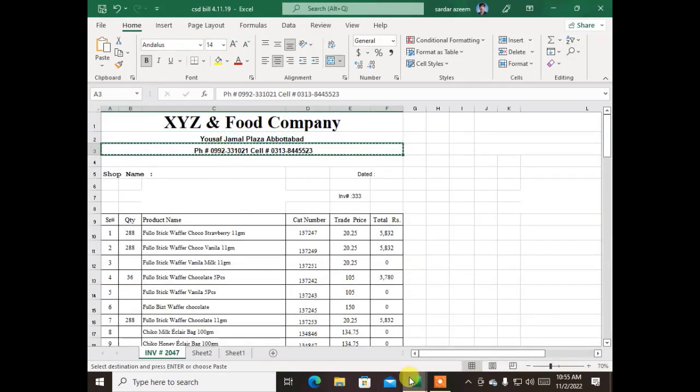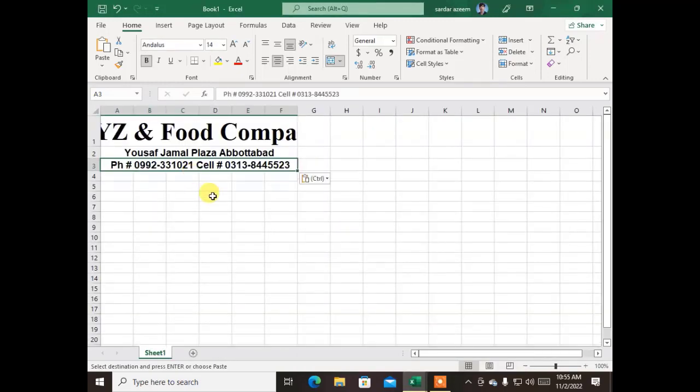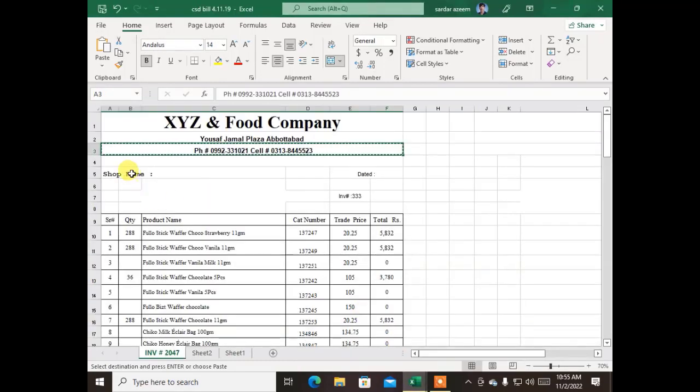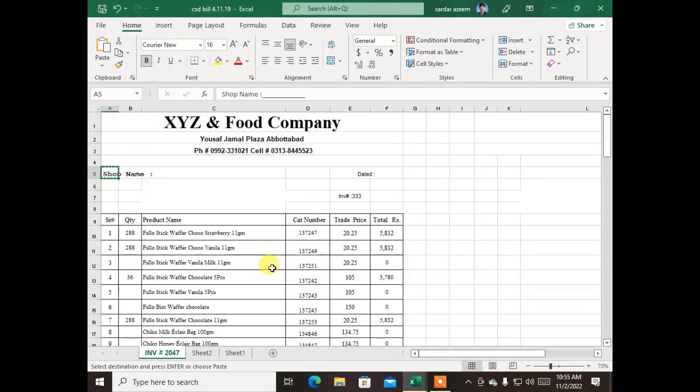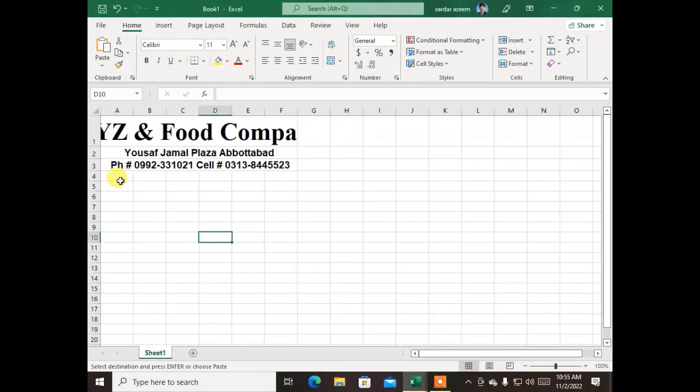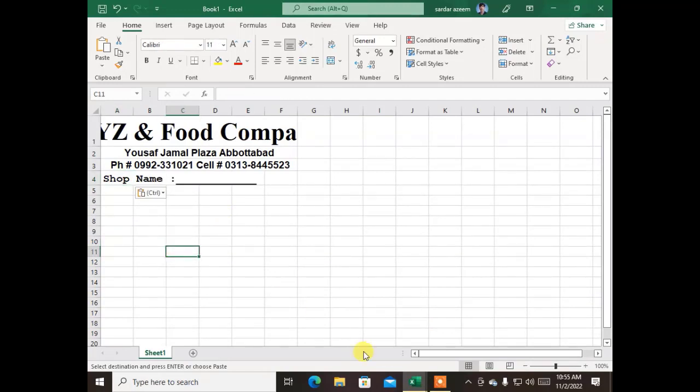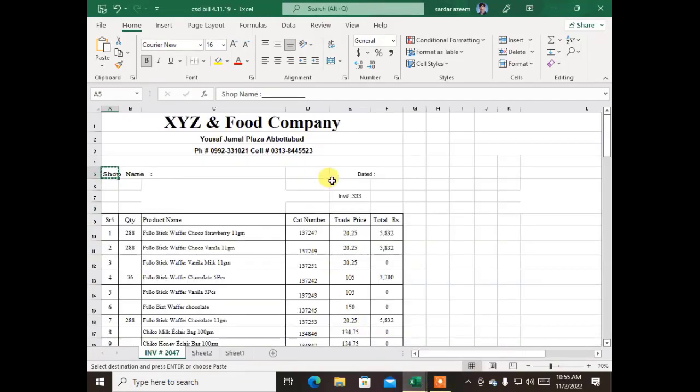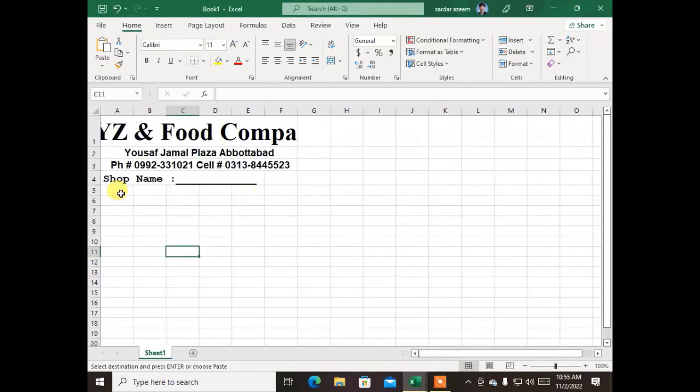On the top of the book, I'm going to write these things. Below this, I need a column named shop name, date, now we have a few columns here.